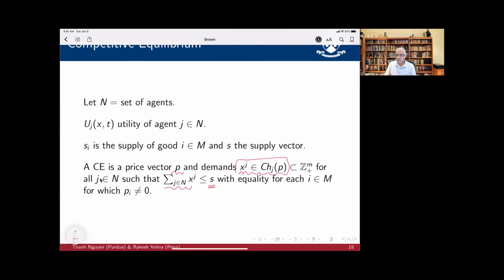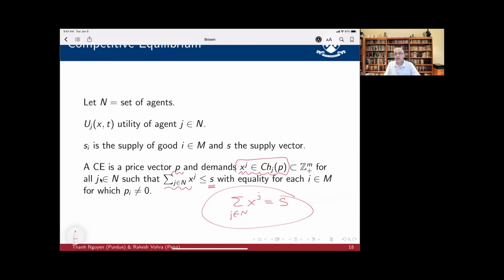Notice I am not requiring the usual condition, which is this. And the reason I am not requiring this condition is because there is no non-satiation assumption that we are invoking in the preferences, which means we have to allow for the possibility that some goods get thrown away.